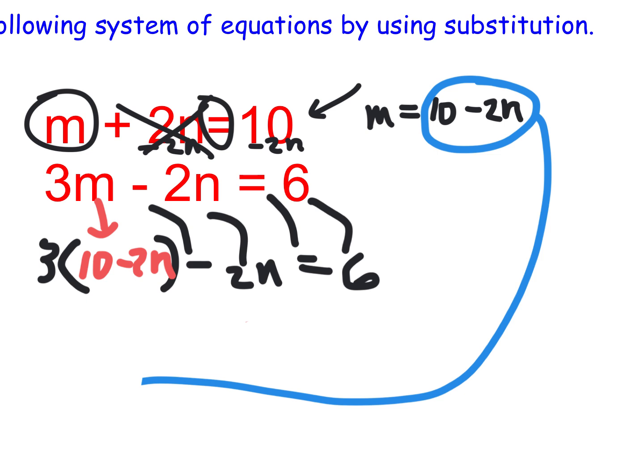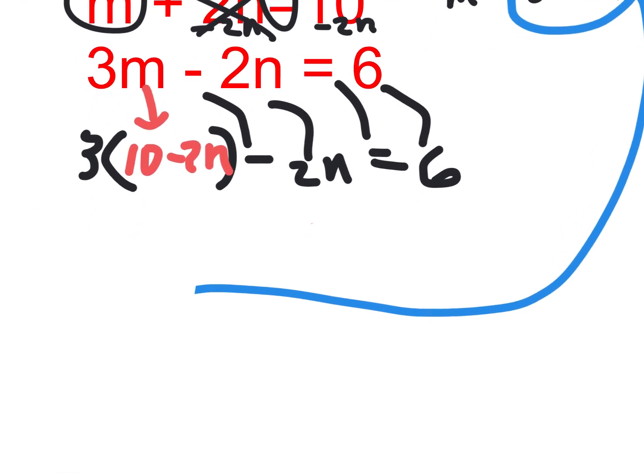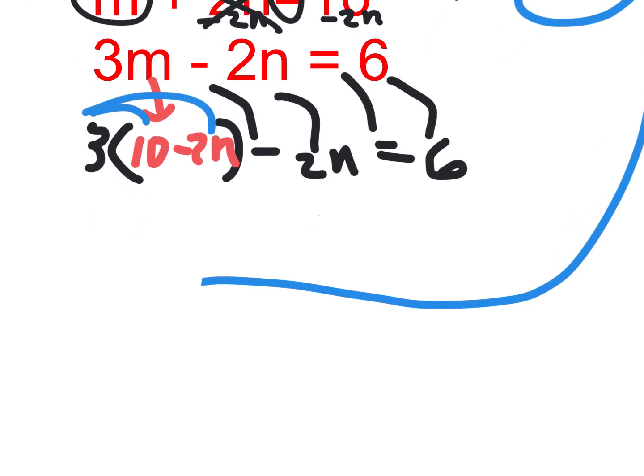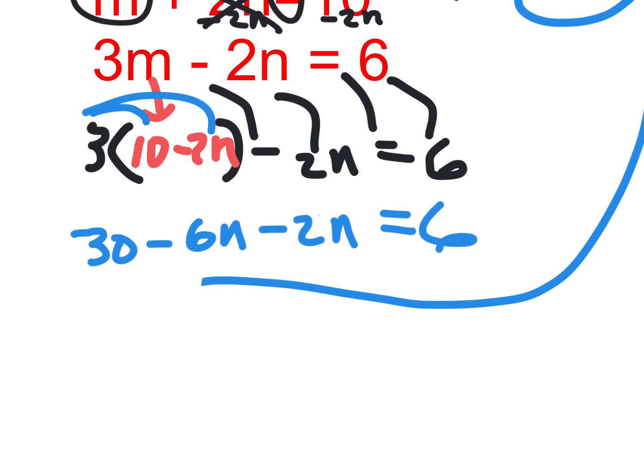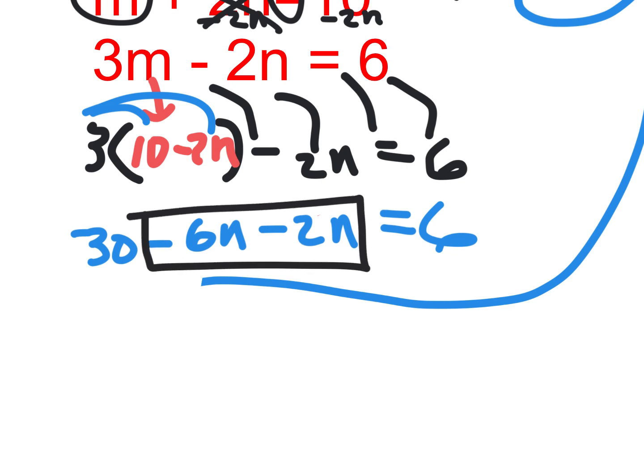Damien, tell me the next step on the problem on the board. Yes. 30 minus 6n minus 2n equals 6. Lila, next step. Combine negative 6n and negative 2n. Good, what do they make?